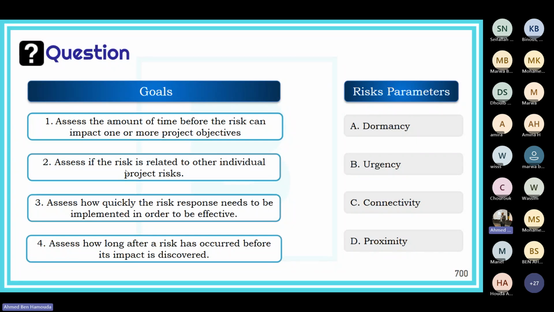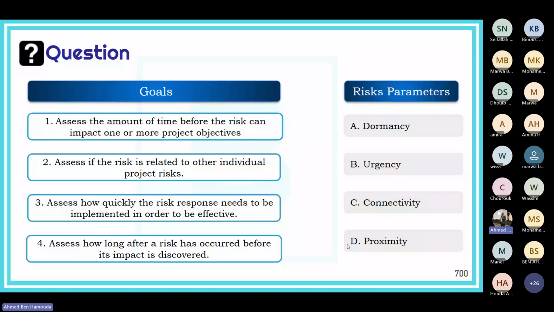Assess if the risk is related to other individual project risks. Assess how quickly the risk response needs to be implemented in order to be effective. Assess how long after a risk has occurred before its impact is discovered. Which one is dormancy, which one is urgency, which one is connectivity, and which one is proximity.